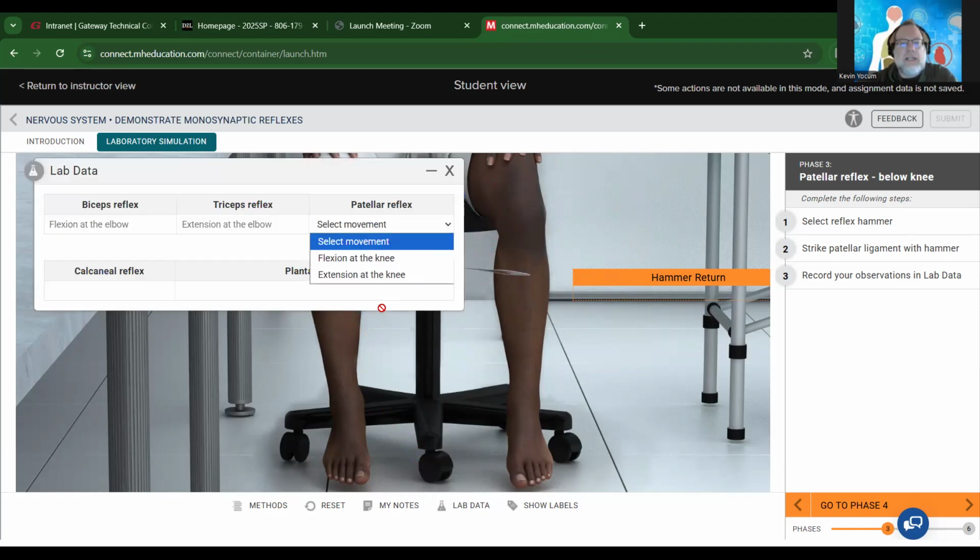So he's in flexion, right? Remember, flexion versus extension when we studied muscles. Flexion is when we decrease the angle of a joint. So for my hands, for instance, I'm at 180 degrees. If I go like this, now I'm at 90 degrees. So I decreased the angle. That's called flexion.